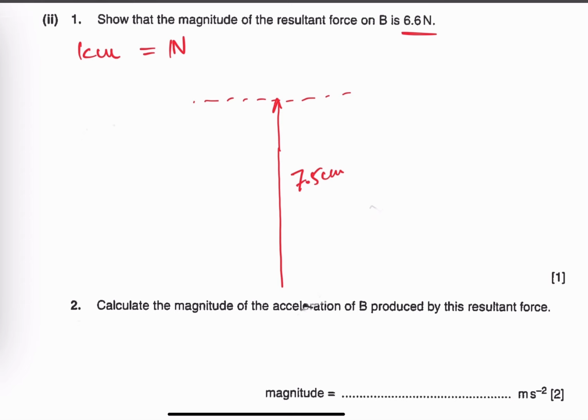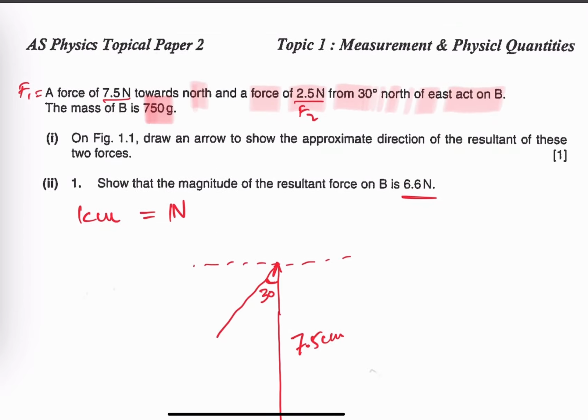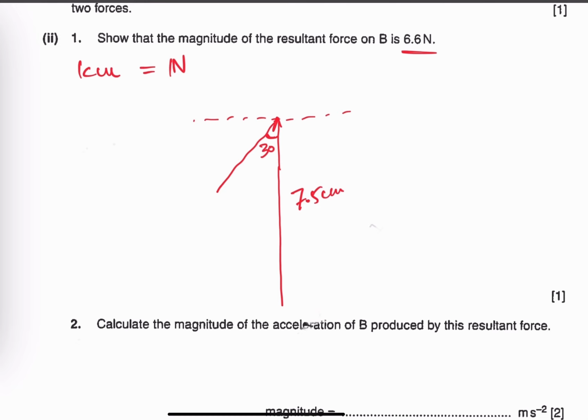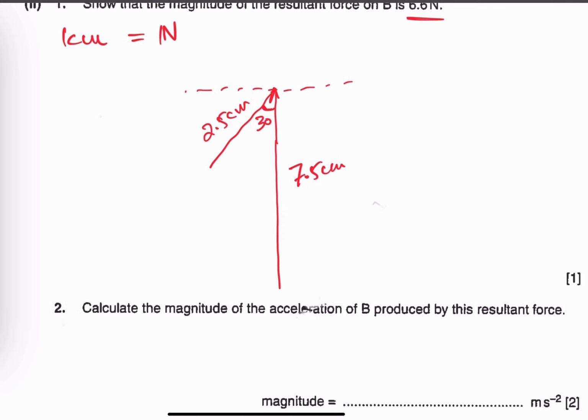So take a protractor, measure the 30 degree angle and draw a line there. Its length should be 2.5 centimeter. Okay, this was the first vector, the second is this, and the resultant will be from the tail of the first to the head of the last.